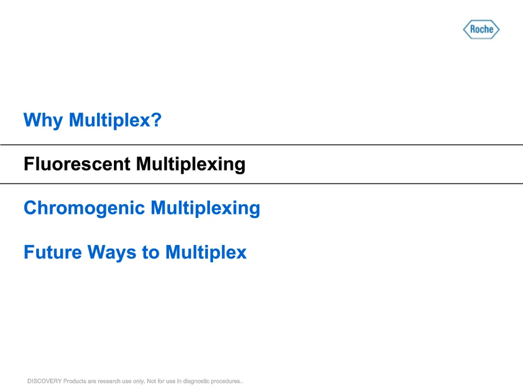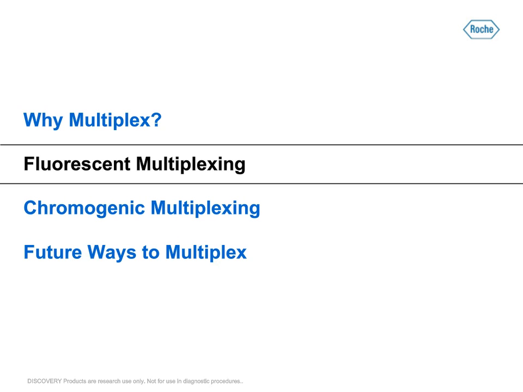And then you could cocktail all those primaries, put those down on the slide, have them incubate, and then you could cocktail all your secondaries as well, and have them incubate, thus cutting down on your overall incubation time.